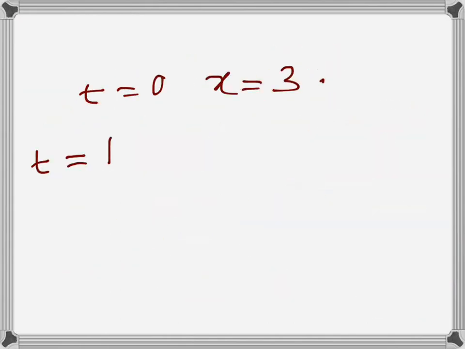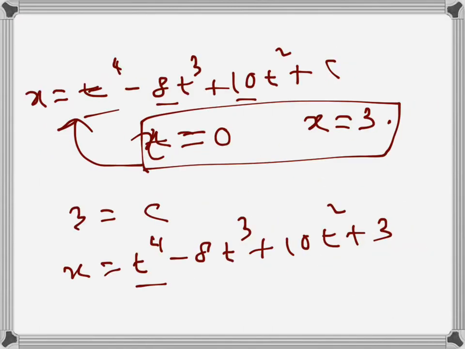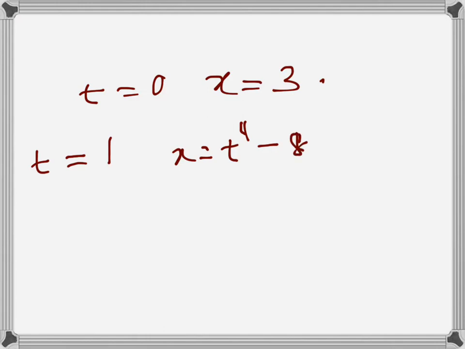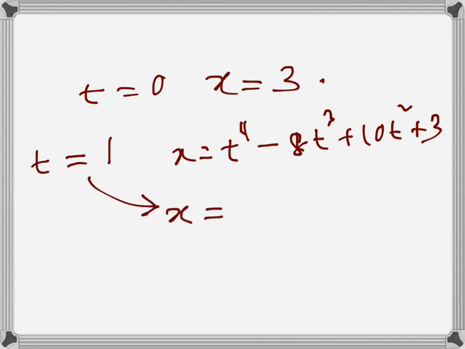So I will write it again. X is equal to t to the power 4 minus 8t cube plus 10t square plus 3. So at t is equal to 1, x becomes 1 minus 8 plus 10 plus 3.